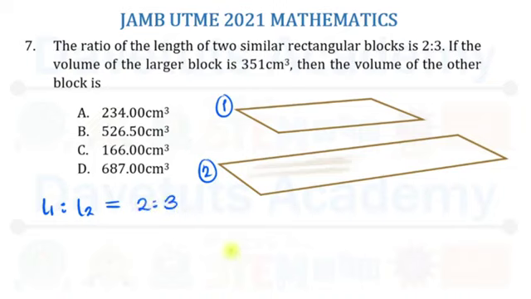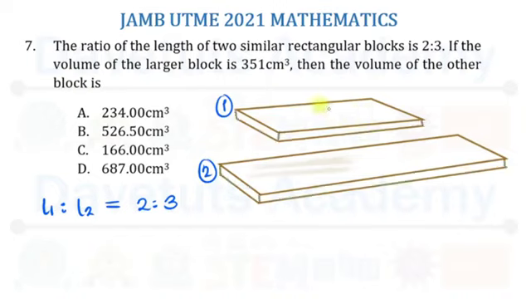Okay? Now, when we are looking at the volume of a particular rectangular block, you are going to have something like this. Let me just complete that diagram. Since they say that they are similar, it's only length that is actually different. L1 and L2 are different, but the width is going to be the same, and the breadth is also going to be the same.